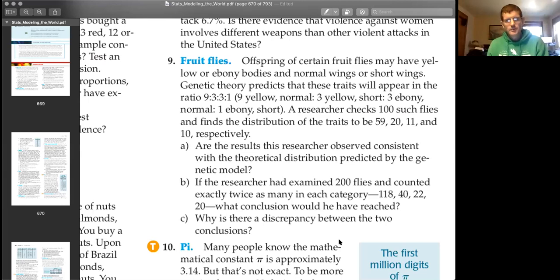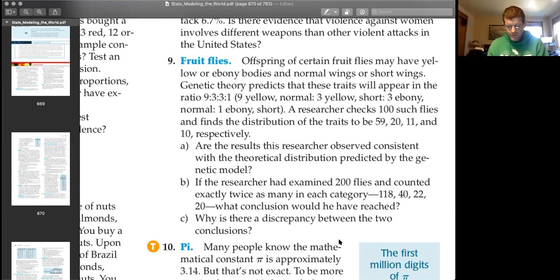So 9 out of 16 should be yellow and normal, 3 should be yellow and short, 3 should be ebony and normal, 1 should be ebony and short. A researcher checks 100 such flies and we get a specific distribution. So now the question is, does this match the theoretical distribution?